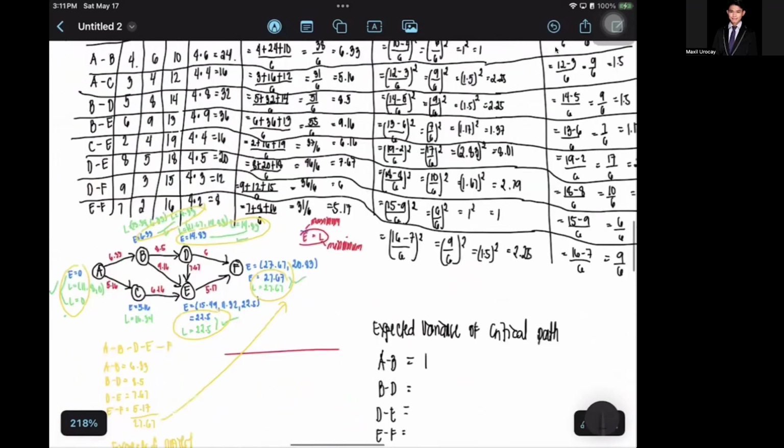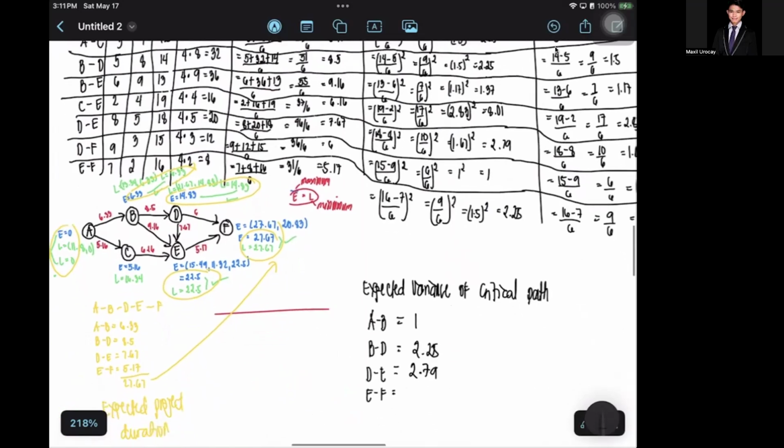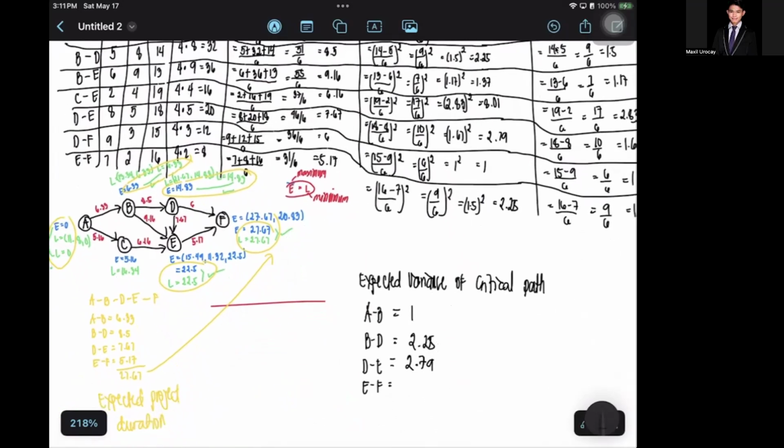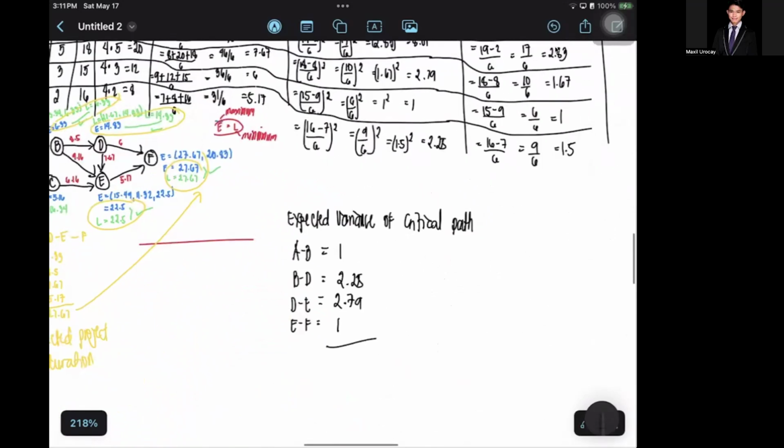B to D is 2.25. D to E is 2.79. And E to F is 1. So that's how you identify it. Then total that. So your expected variance is 1 plus 2.25 plus 2.79 plus 1. So the expected variance of the critical path is 7.04.